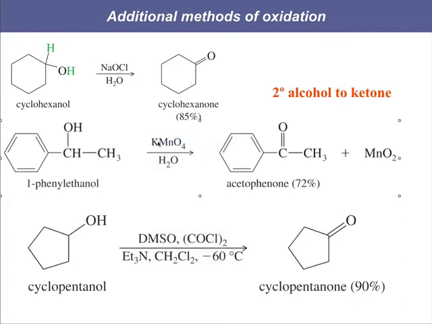These are analogous reagents. There's another reaction called the Swern oxidation, S-W-E-R-N, that uses DMSO and oxalyl chloride at fairly low temperatures, negative 60 degrees Celsius, to convert alcohols into ketones as well.